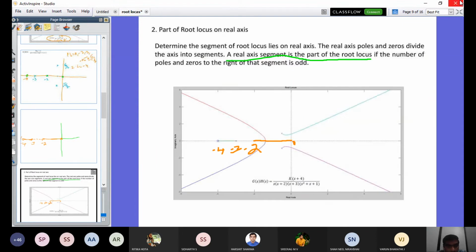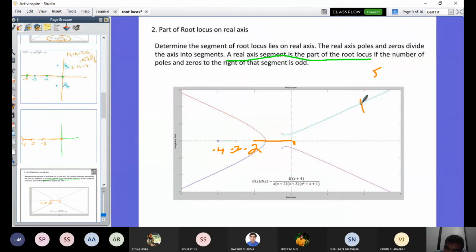Next, as I told you in the beginning, the number of open loop poles equals the number of root locus branches. Suppose here we have 5 root locus branches. One of the root locus branches ends at a finite 0. The rest of the root locus branches end at infinity 0. How many root locus branches end at infinity 0?